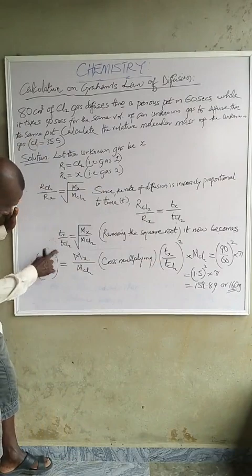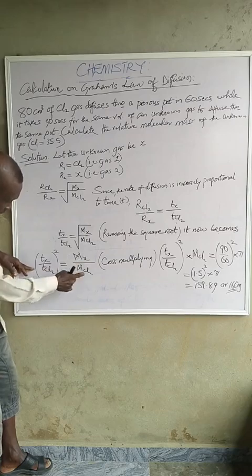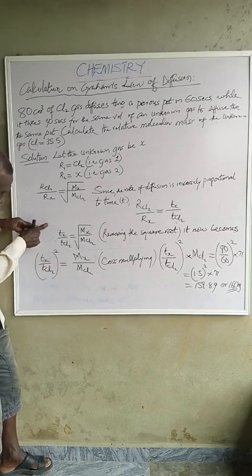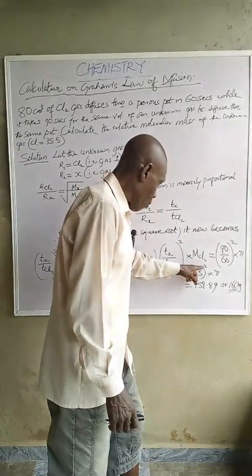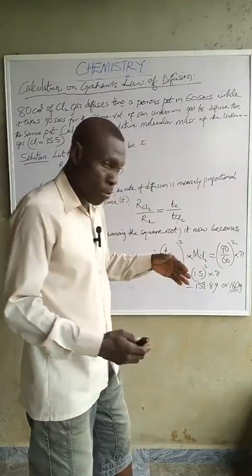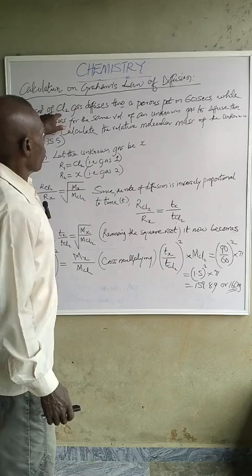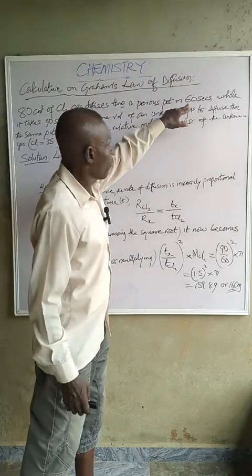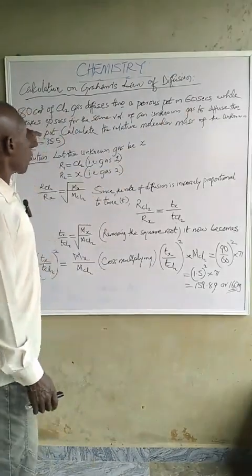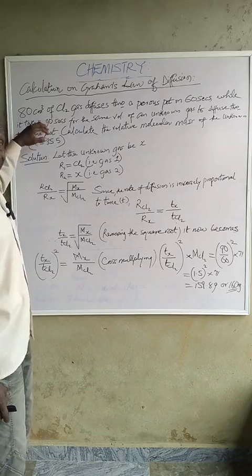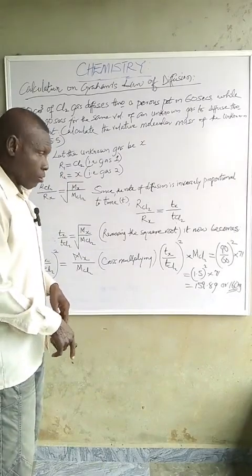Now, at this point, we want to substitute the values. Look at here. The first gas, chlorine, diffused in 60 seconds in the same porous pot, while the unknown one takes 90 seconds to diffuse through the same porous pot.